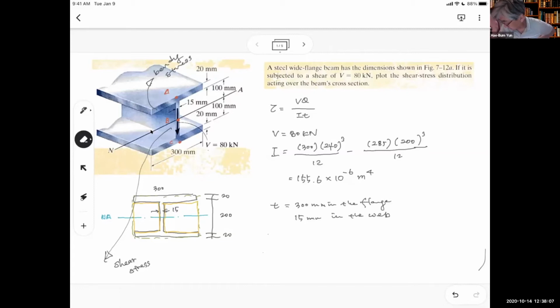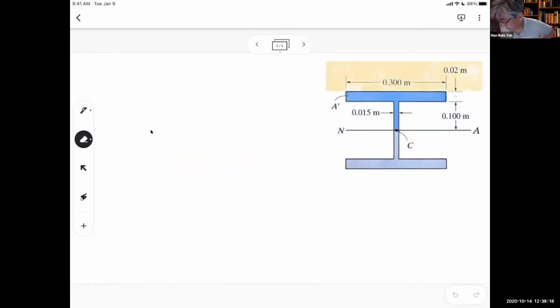And the only thing left is Q, right? We need to calculate Q. So for Q, we need to calculate for two parts.